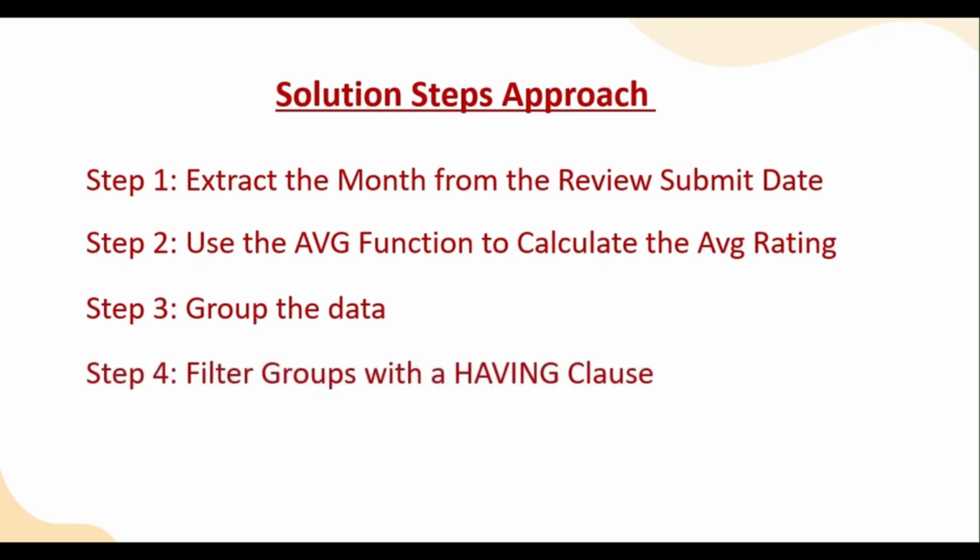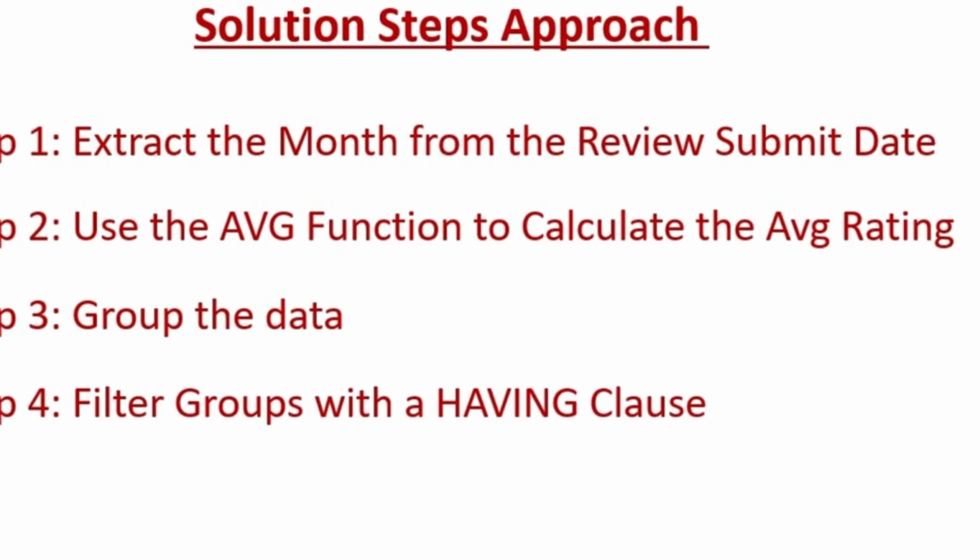And in the next step, we are going to filter groups with a having clause, since it has been given that you should only include those restaurants that have at least 2 reviews in a given month. So here you will have to use the count function on the review ID, so that it will help you filter out the groups with the having clause.